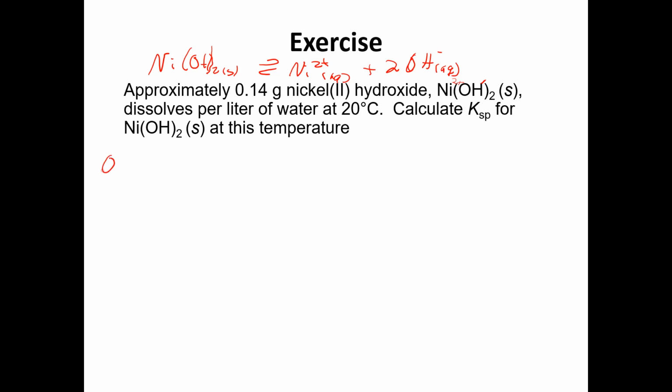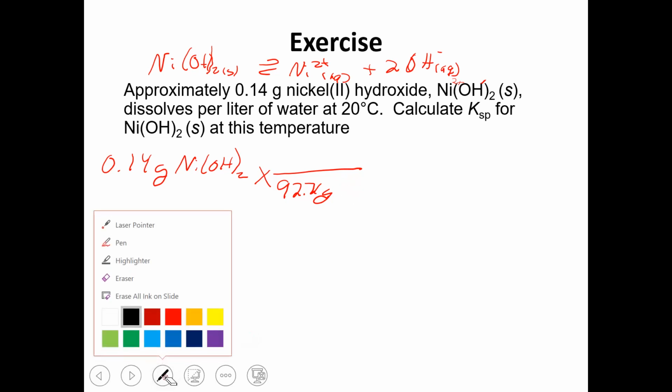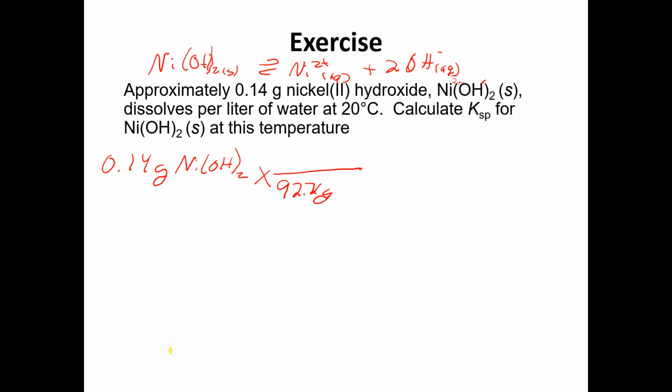So if we have 0.14 grams of nickel hydroxide, and if you calculate the molar mass of nickel hydroxide, it comes out to 92.71 grams of nickel hydroxide per 1 mole of nickel hydroxide.